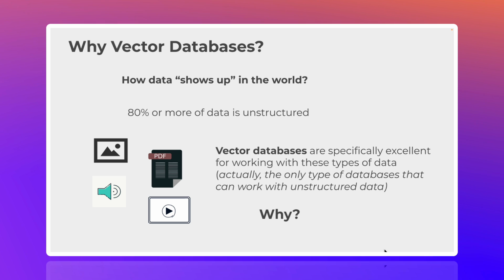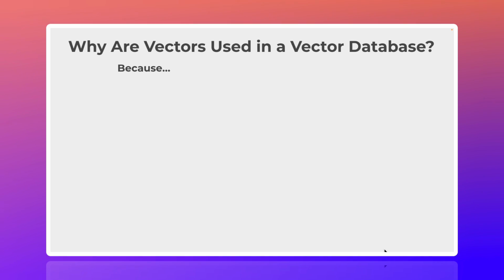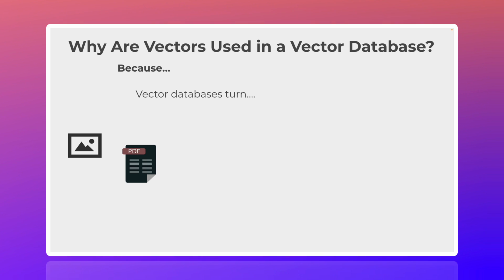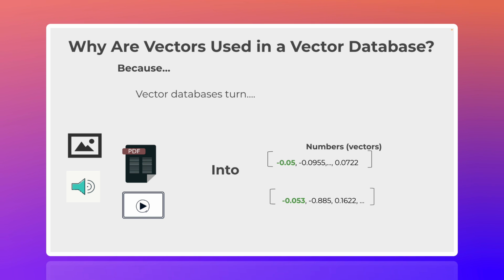Now the question here is why? Well, the reason is that vector databases are able to turn this unstructured data, which is 80% and more of the world, into what we call vectors. Vectors, as we have learned, have magnitude and direction, and are a representation of this unstructured data, which essentially is just numbers.